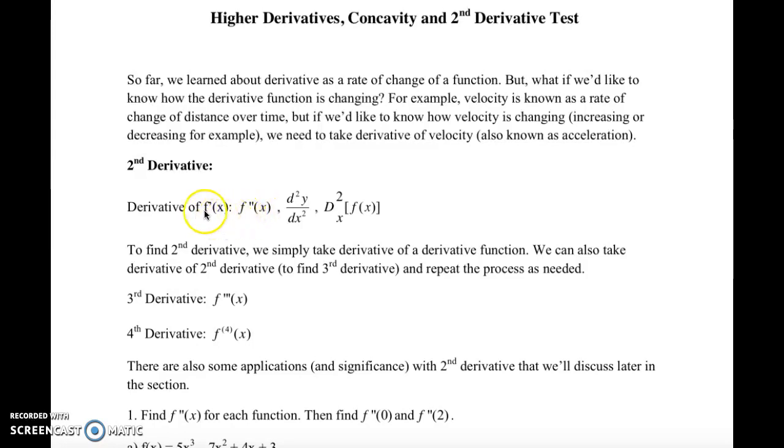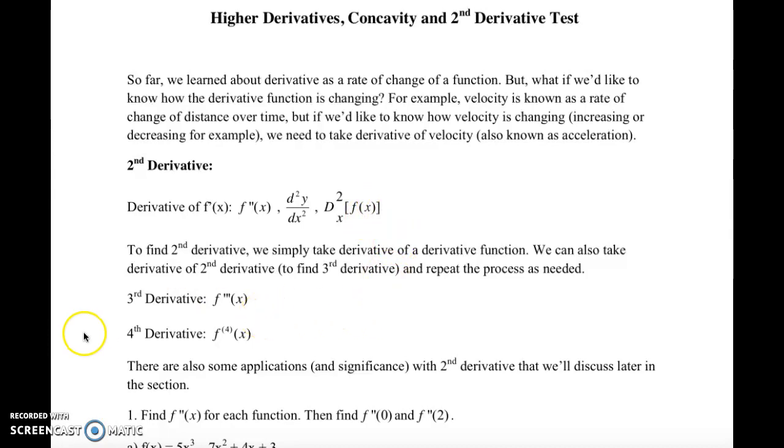And so instead of one prime, we have two now, and we have our second derivative. For our Leibniz notation, it's also d squared y over dx squared. And then we also have our capital D of x squared function notation of our f of x function right here.